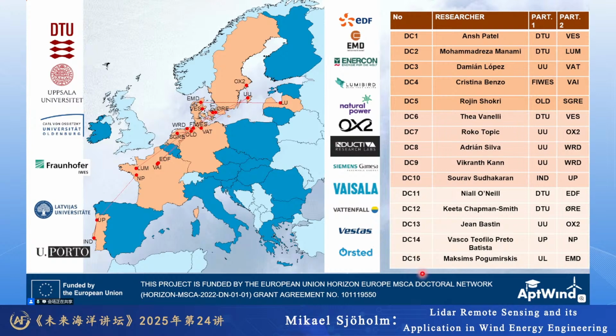We have been ongoing now for 2 years, but it's maybe a little more than 1 year for most of the PhD students. We have 15 PhD students distributed in these orange countries in Europe, working with various atmospheric flow modeling, but also with lidar applications. We have some projects together with European lidar manufacturers. You can see Lumibird here, and we have also Vaisala, for instance.